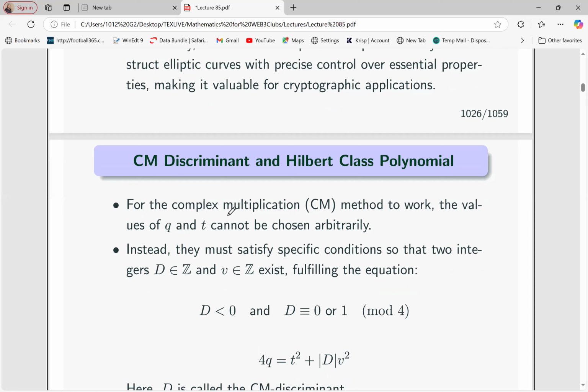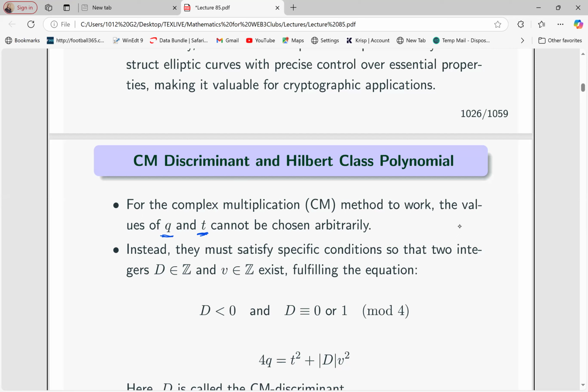Now, the method we want to use is the complex multiplication method. And for it to work, the Q that we've talked about and the T that we've talked about above cannot just be chosen at random. You don't just choose them randomly.